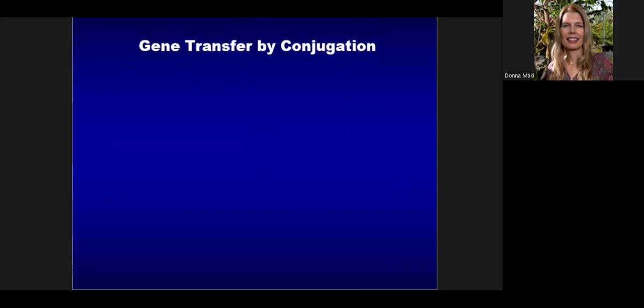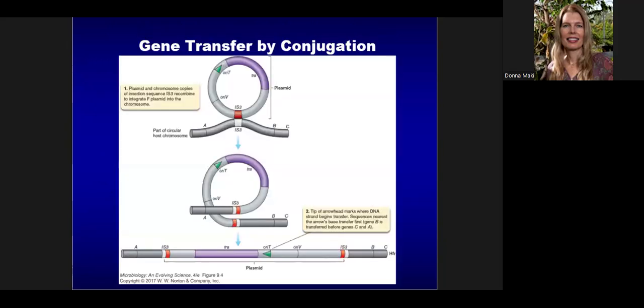All right, so again, this is just a visual. We are not going to get into details of this. I'm just trying to show you the purple is the plasmid. And what they're trying to show is that it got pasted into the chromosome.